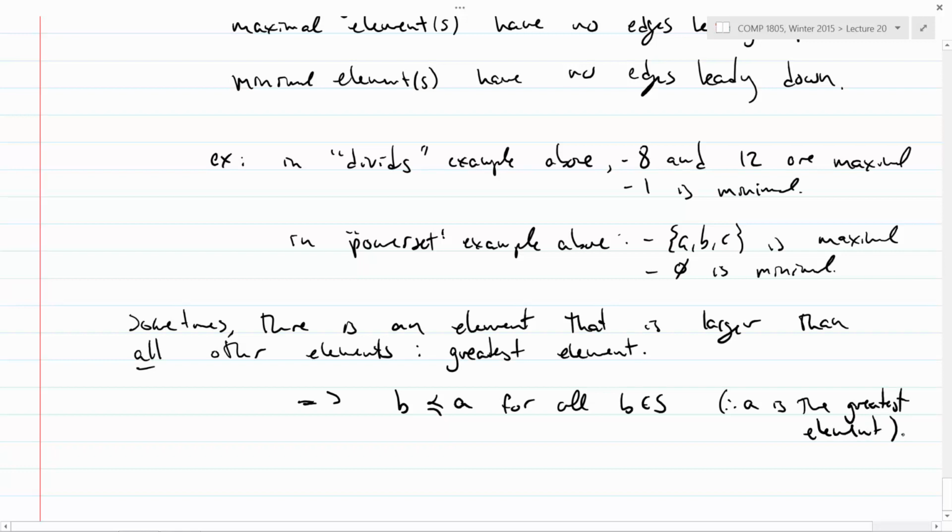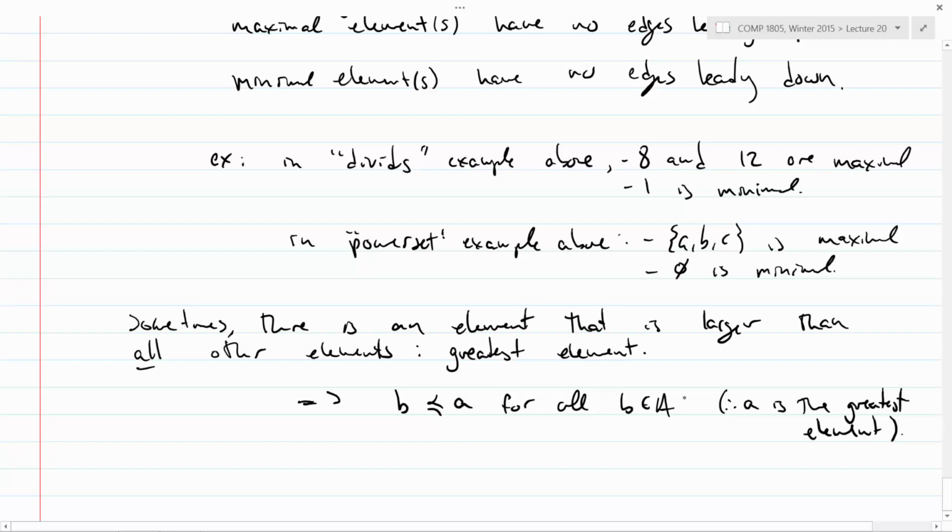So can I have more than one greatest element? No, why not? So this says for all B in S. Or I guess A is the set I used earlier. Stay consistent. You can't have that because it's quantified over absolutely everything.